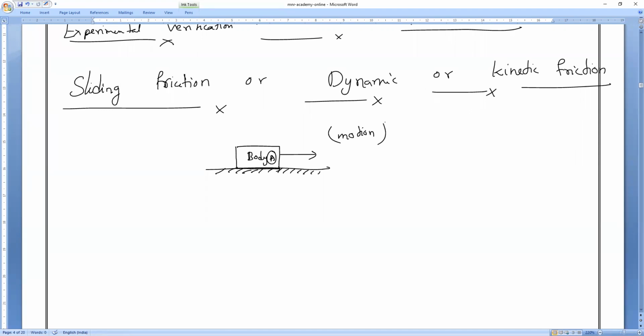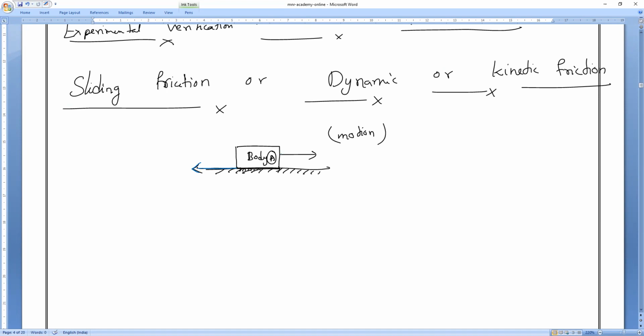When the body is sliding, there is a friction developed between the surfaces. By that time also it will act in the opposite direction to motion. Understanding?